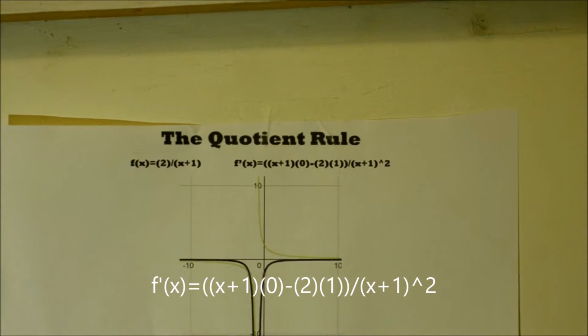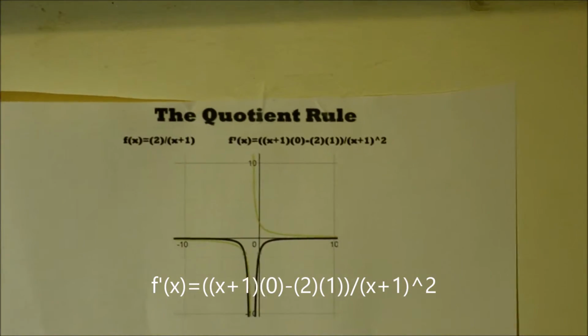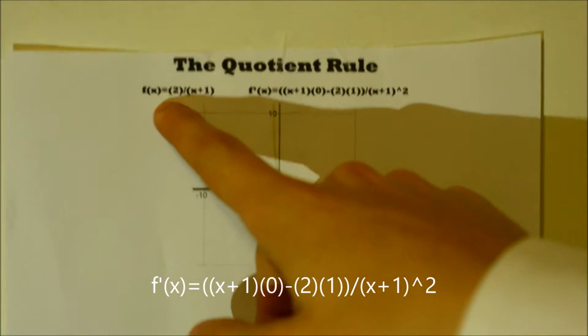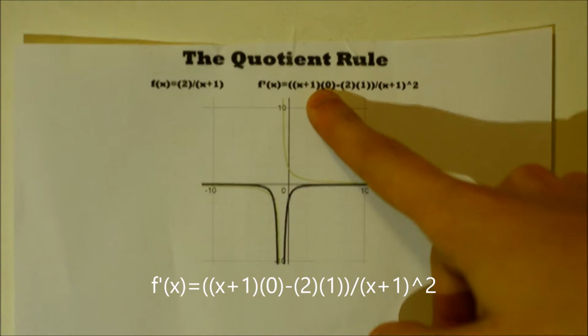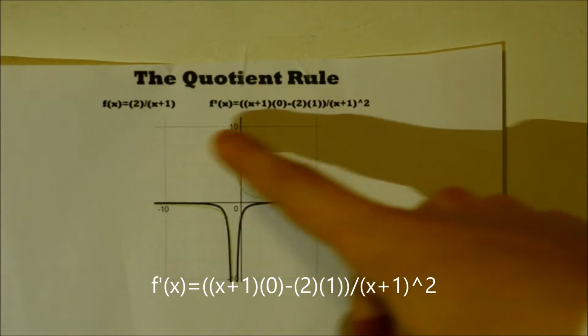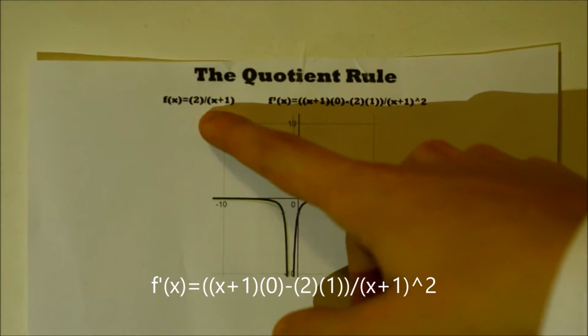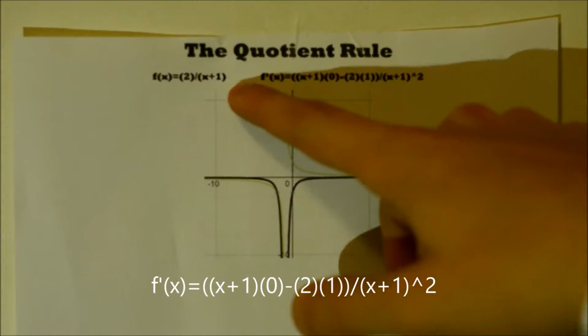Then, for the numerator, which is a bit more complicated, you will take the denominator, x plus 1, and multiply it by the derivative of the numerator, which is 0. Then, you will subtract the numerator, 2, times the derivative of the denominator, which is 1, for your whole derivative.